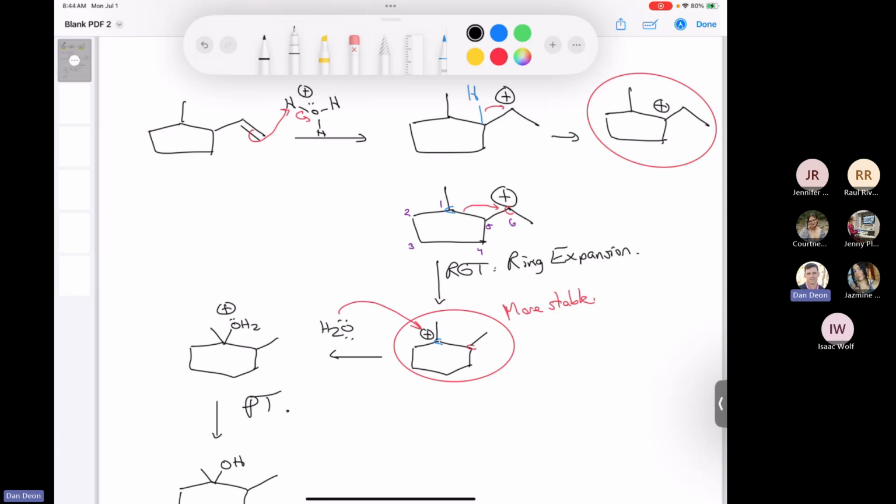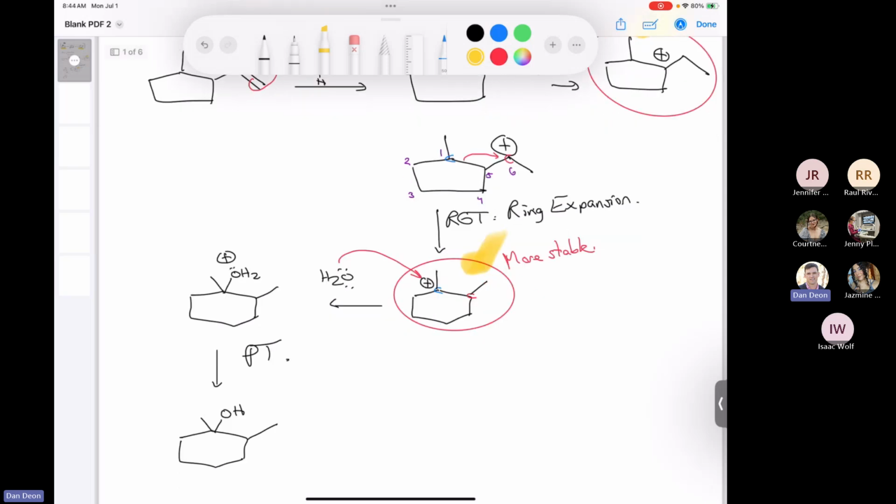But I'd say, again, that this is possible and this is possible. It just happens to be that the 6-membered ring is more stable, and so it's going to be the preferred carbocation that you would form, okay? There you go. So a little bit about ring expansions. All right.